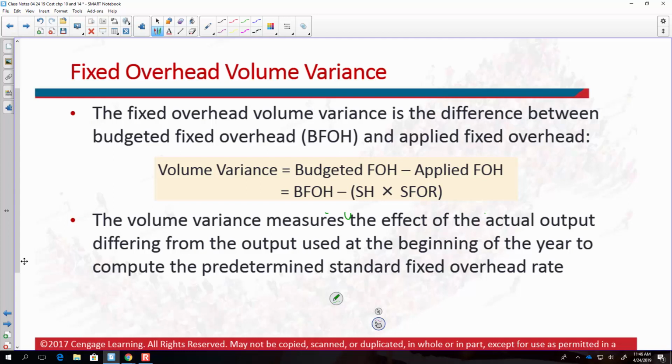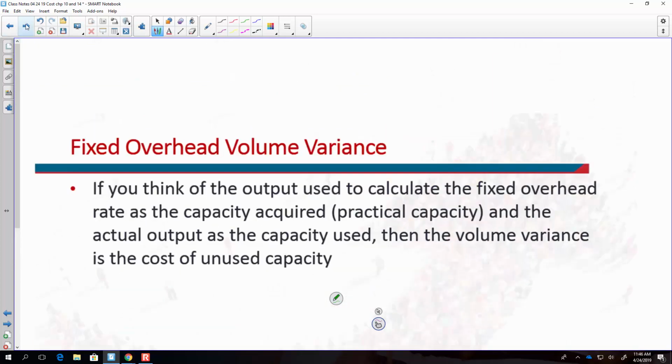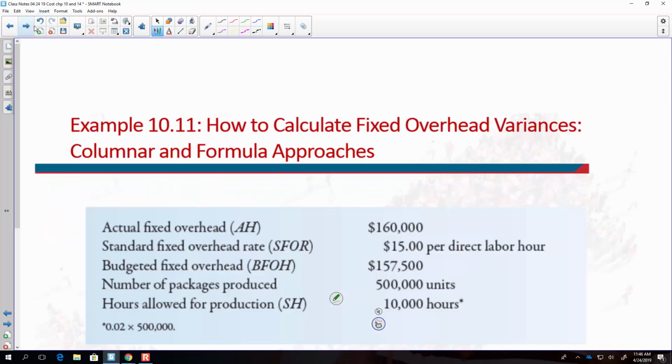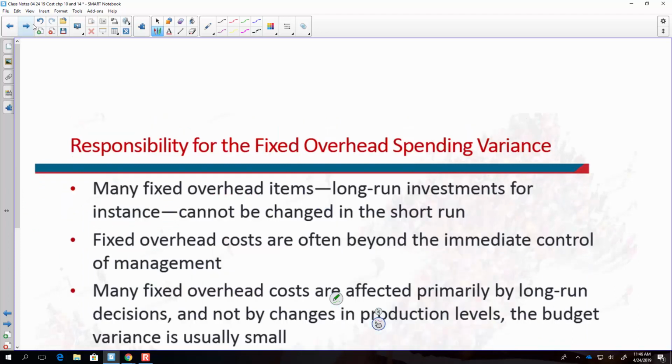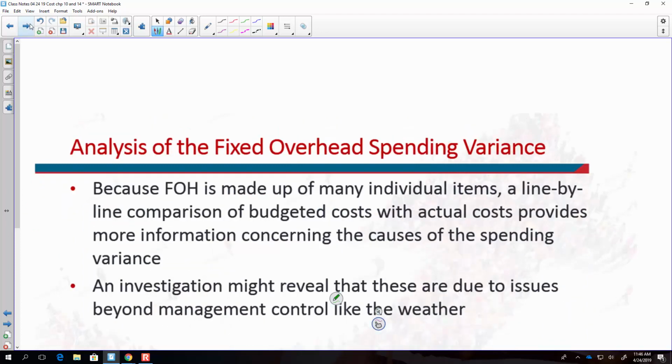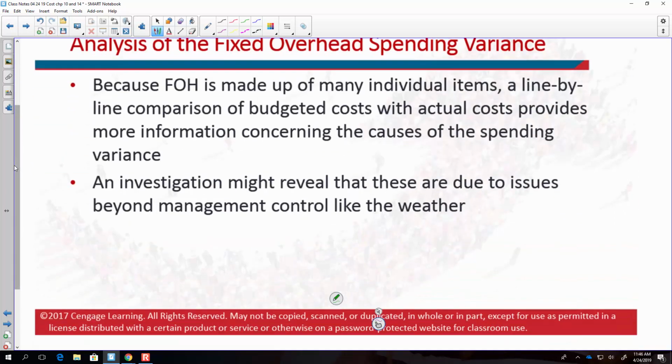So on pages 550, 551, I wanted to point this out. This is fixed overhead.